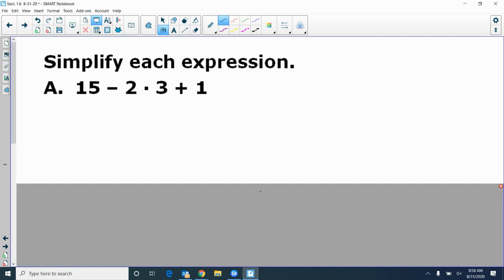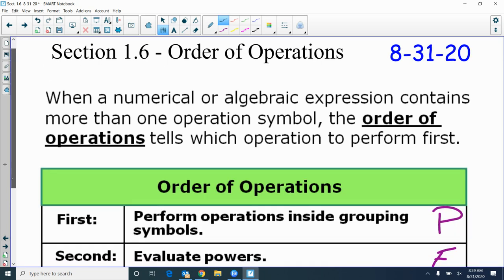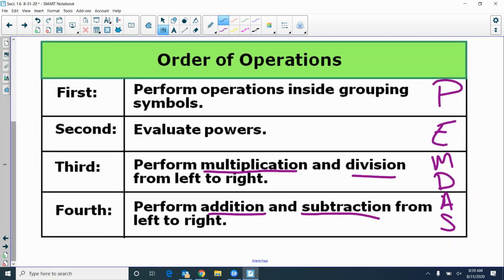Okay, so Zach, tell me, according to PEMDAS, what is the first thing I need to do here? Multiply. Multiply what? 2 and 3. All right, I'm gonna multiply 2 and 3, that is gonna give me 6. I'm gonna bring down everything else. 15 minus 6 now plus 1. Okay, so here, like it says on this chart, fourth, perform addition and subtraction from left to right.